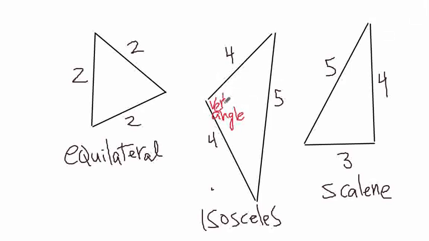The vertex angle, and then we call the other ones that are not between the two congruent sides, we call those the base angles. So there's two base angles but one vertex angle. All right, so that's the terminology that I wanted to give you for that.